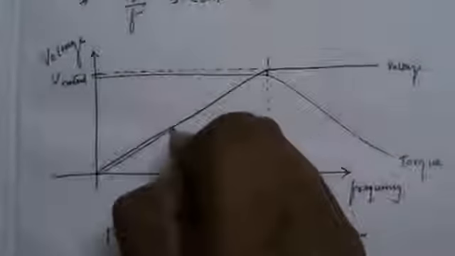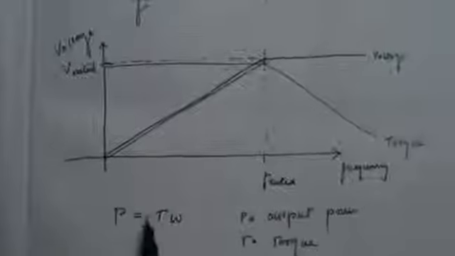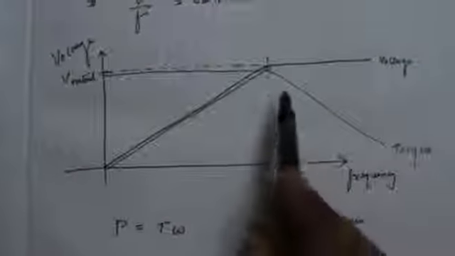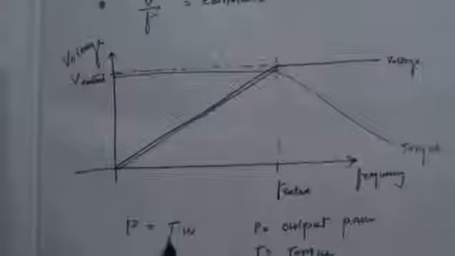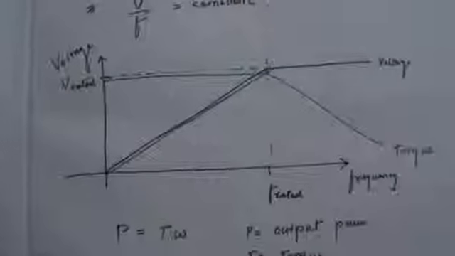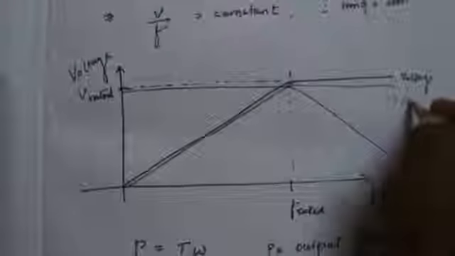It will increase. Now after the rated frequency, what will be the nature of the power curve? The graph tells us the torque decreases and the frequency increases. So our power curve will be a constant straight line. This is the power.